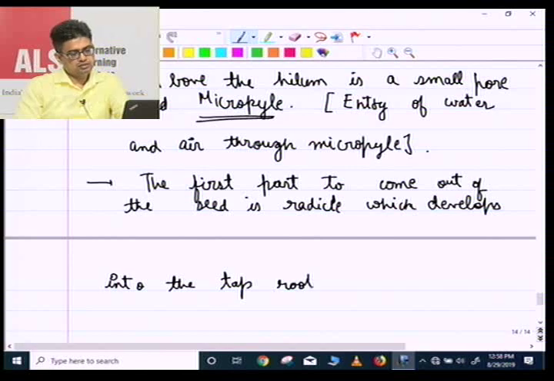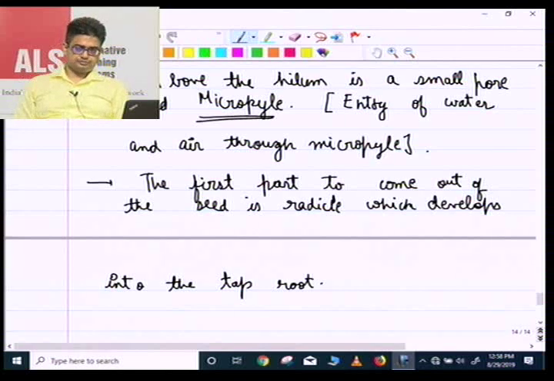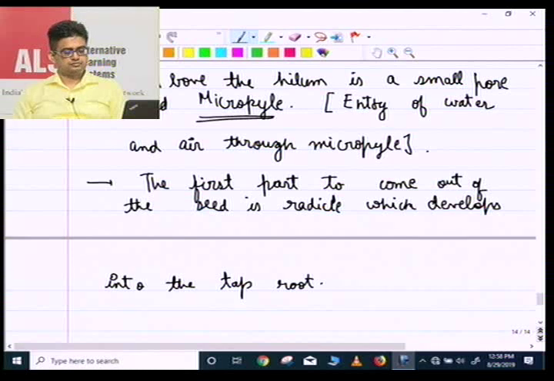So radicle comes only once in life and it forms the taproot. Okay. So this is the structure of dicot seed.